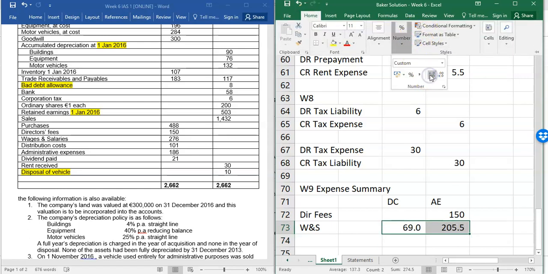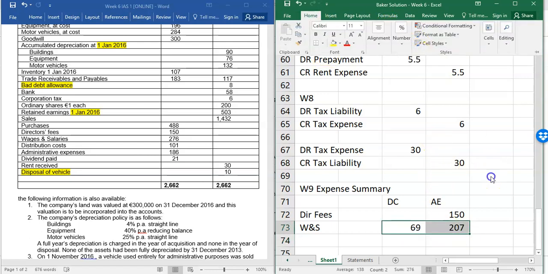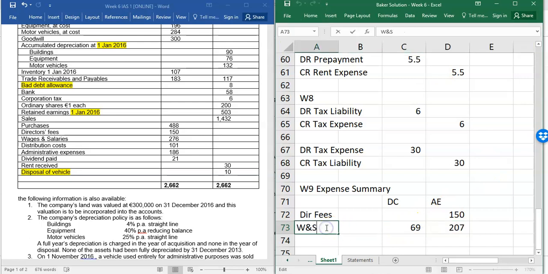It's technically 69.0 and 207. So I double check. That should be 276. So both of them 207 and 69. So there's no rounding, it's just my error. That's 3/4. That's coming from note 10, just to show the examiner.